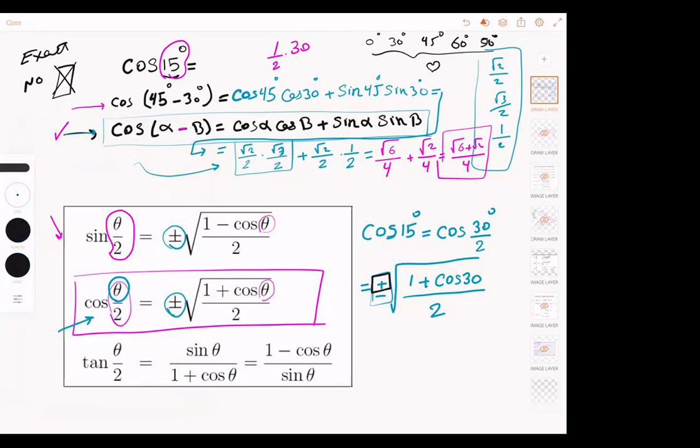Why? Because we are dealing with 30 degrees here, 15 is there. We are in quadrant 1. In quadrant 1, cosine is positive. So that's why. So it will be equal to radical of 1 plus cosine of 30, which is radical 3 over 2, divided by 2.